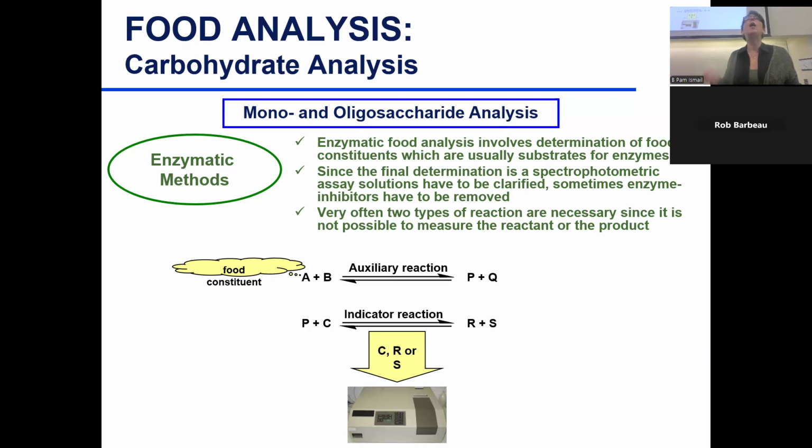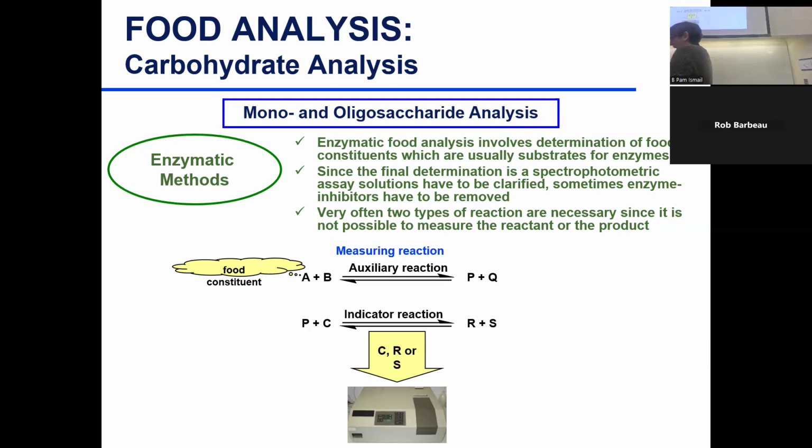So, very common are the coupled enzymatic reactions that you guys heard Suzanne talk about. The first reaction is the auxiliary reaction, but it's also called the measuring reaction, where your food constituent of interest reacts with another reagent that you put in, and you get products. All of the reactants and the products don't absorb light.